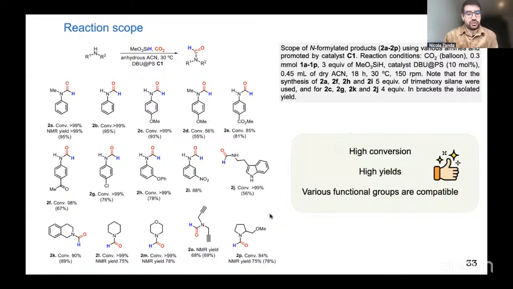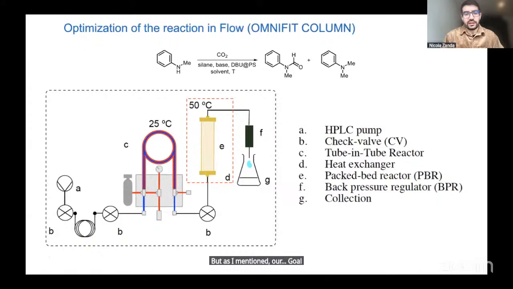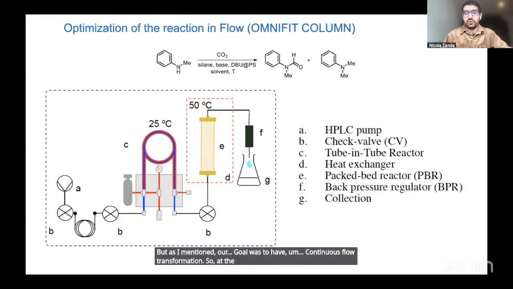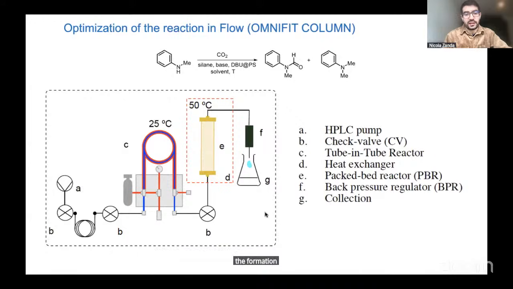But as I mentioned, our goal was to have a continuous flow transformation. So at the beginning, we thought, why don't we run the reaction the same way we run the formation of cyclic organic carbonates? So with the OmniFit column, a glass reactor, to run the reaction with the tube-in-tube setup.